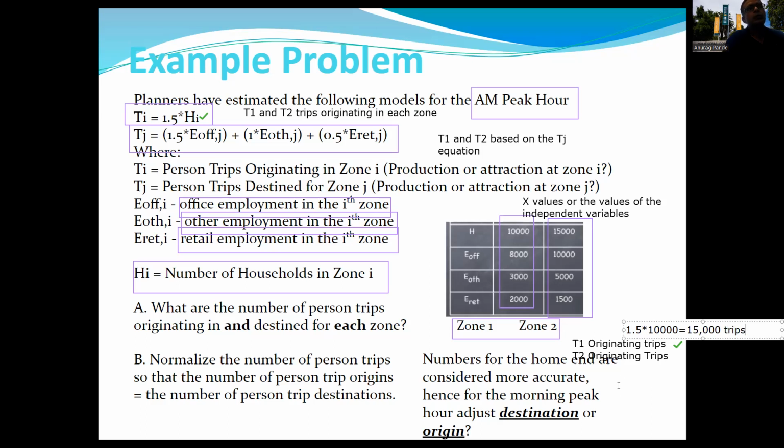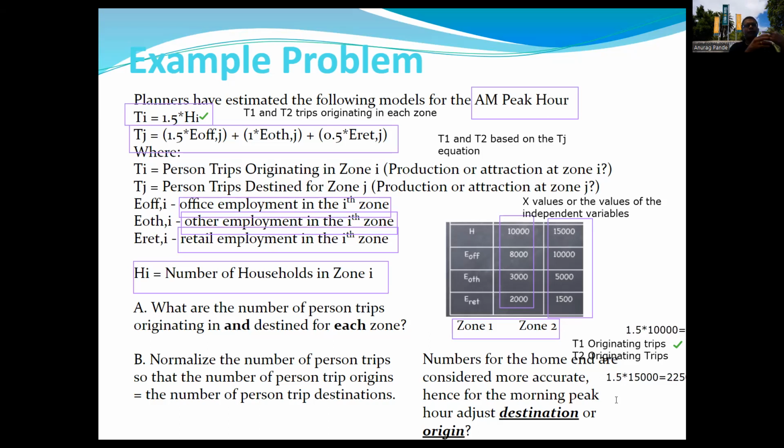And I can do the T2 originating trips. That's pretty simple too. I will just do 1.5 times 15,000. And why 15,000? Where do you get 15,000? Because zone 2 has a number of households equal to 15,000.